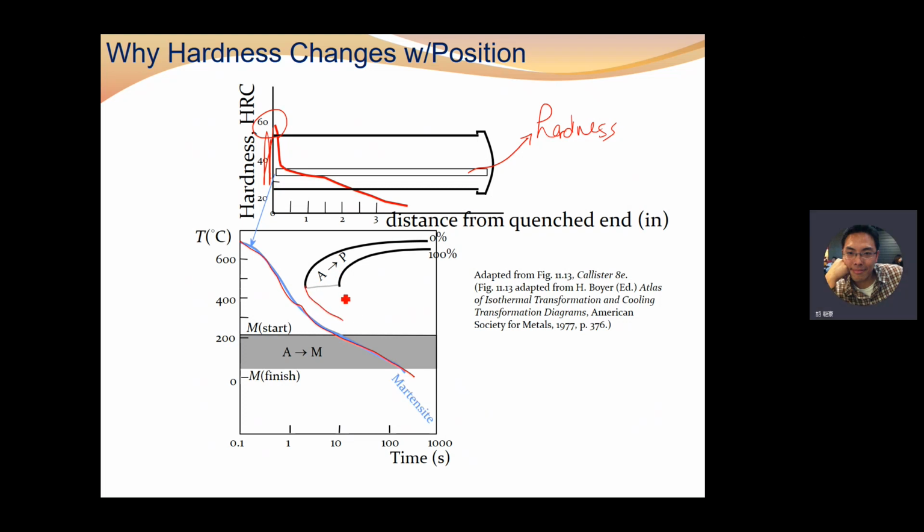Therefore, the austenite will not transform to pearlite at the quench end. We find the martensite structure there, and the austenite at the surface will transform to martensite.